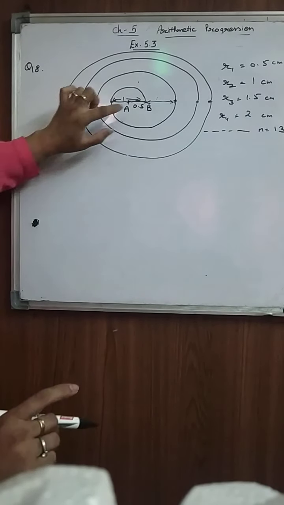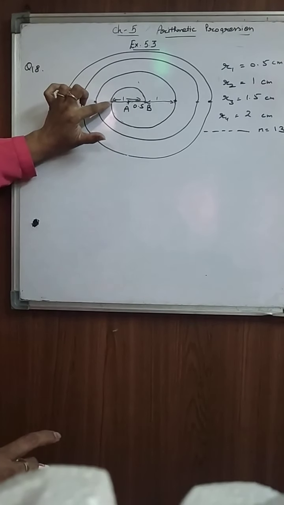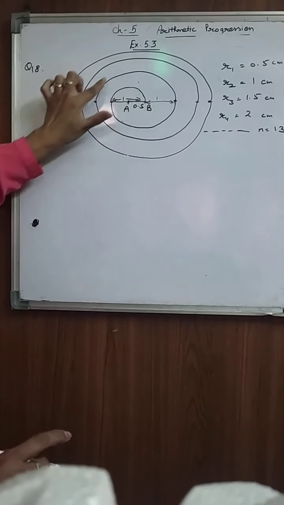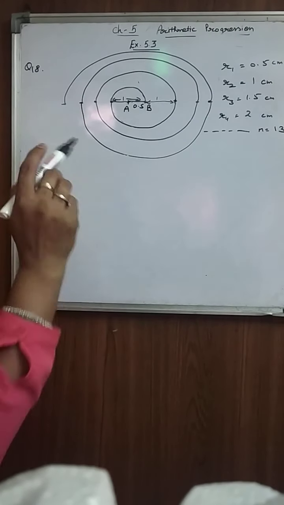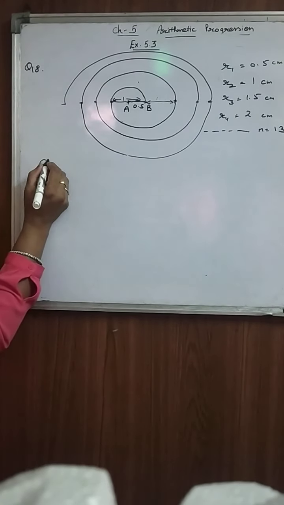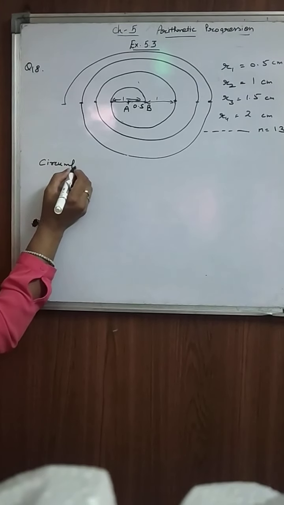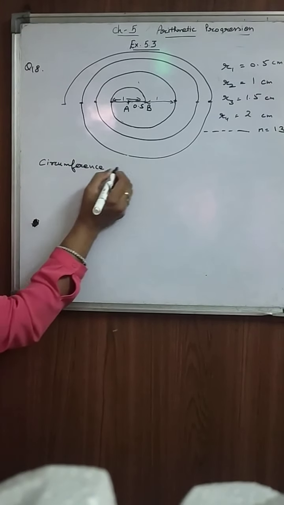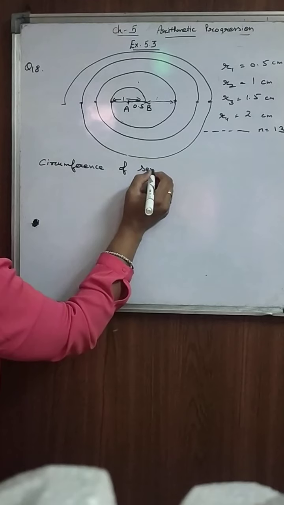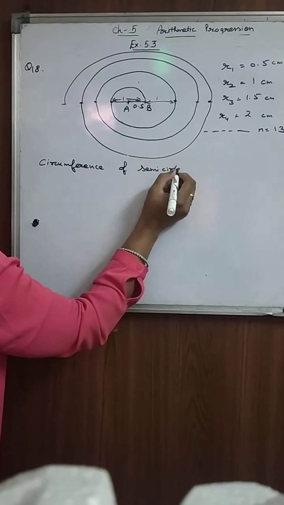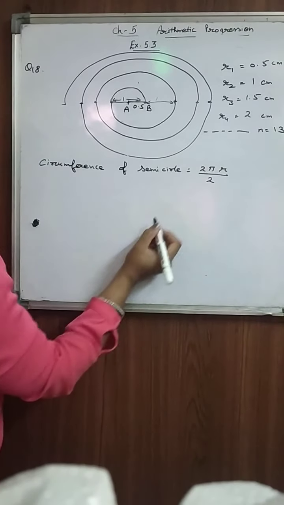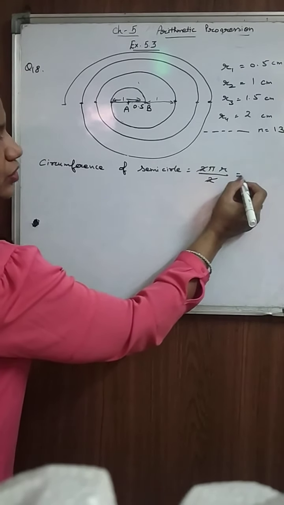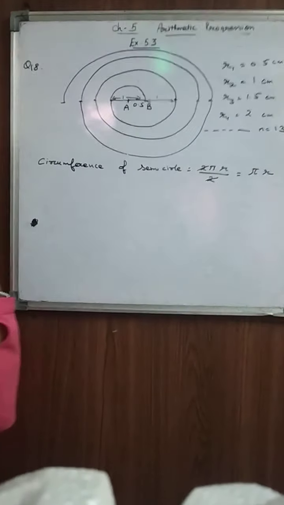So it means we have these semicircles in AP series, and we have to find the length of these semicircles. Semicircle length is called the circumference of the semicircle. The formula of the circumference of a circle is 2 pi r. So for the semicircle it will be half of that, which is pi r.